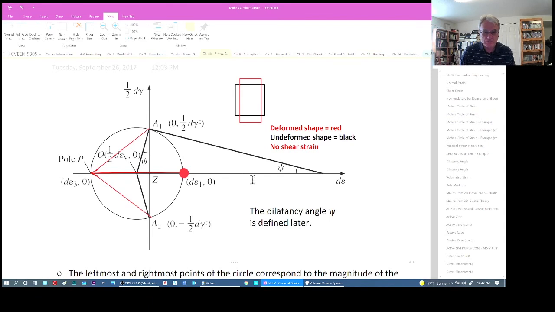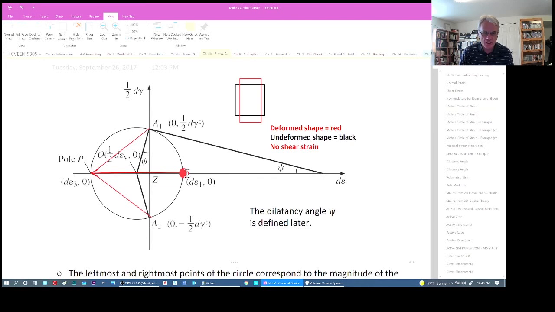And the elongation of that line, due to the normal strain which is acting on this horizontal plane, is expressed here. So again, like we used Mohr circles of stress, we need to find the strain on a known plane. So this is the strain on this horizontal plane.